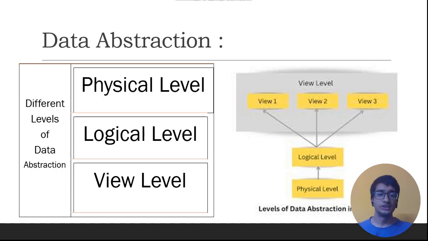Characteristics are it provides different views of the database tailored to the needs of various users and applications. It hides the complexity of logical and physical levels and presents a much more simplified and relevant portion of the database. It is managed by application developers as well as the end users who need specific data for queries and reports.